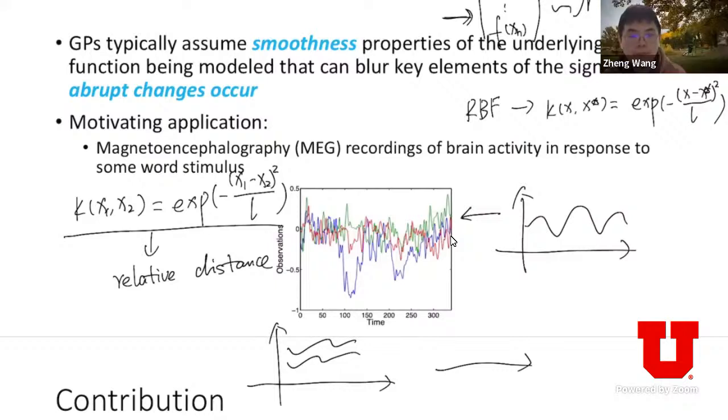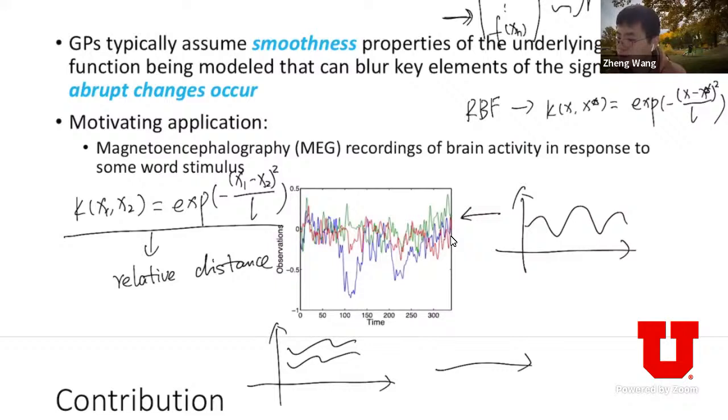Yeah, that sounds a little weird to me, because it looks like for the same set of input, you're going to have multiple outputs. Right? Each output comes from one person or one subject. Yes.